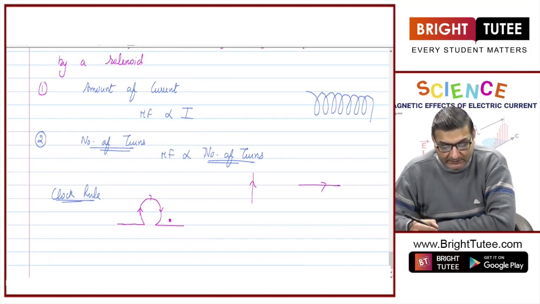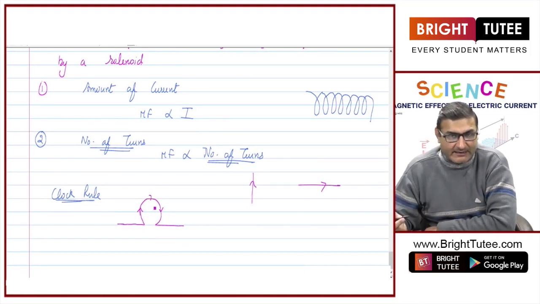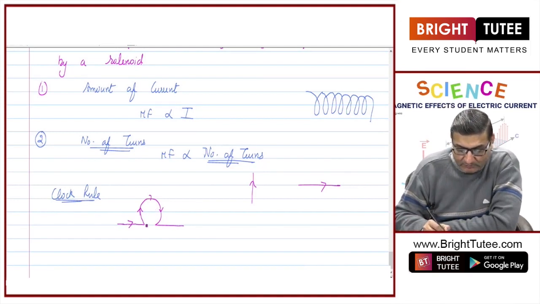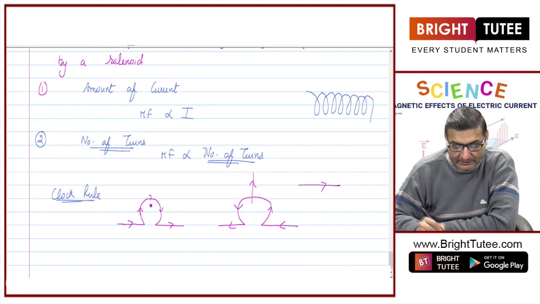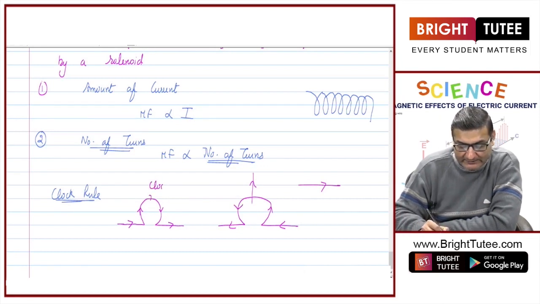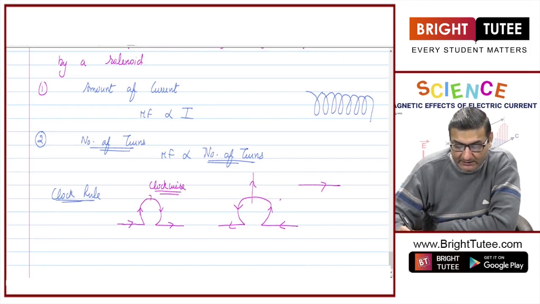But what about this particular front face of the coil? If the current is going either like this in this direction, or let us take in this direction. Now we have changed the direction. Here the direction is clockwise, and here the direction is anti-clockwise.